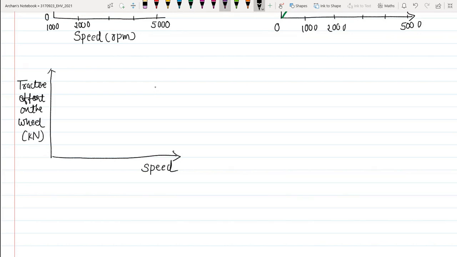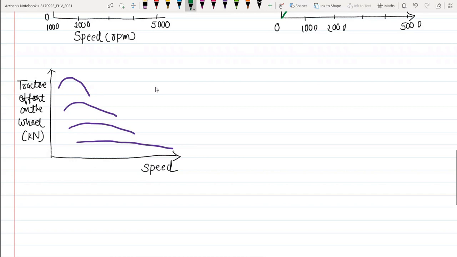If I talk about the first gear, then first gear will have such characteristics. Then if I talk about the second gear, the second gear will have this type of torque speed characteristics. Then in third gear, we will have these characteristics, and finally in fourth gear, the characteristics would be like this. Ideally speaking, if we are talking about the average characteristics of all the four gears, then we will be getting these characteristics.